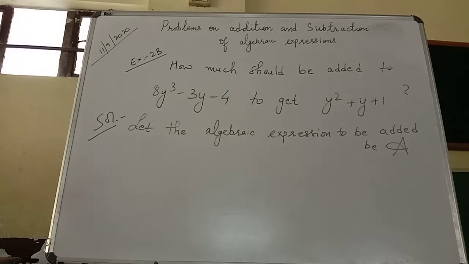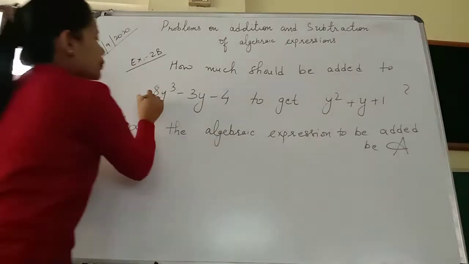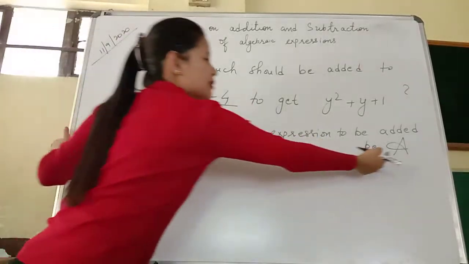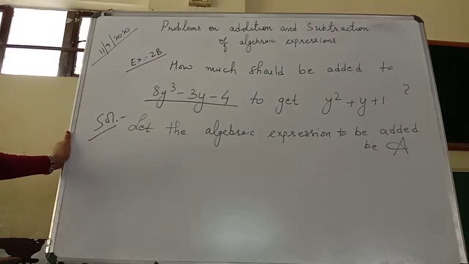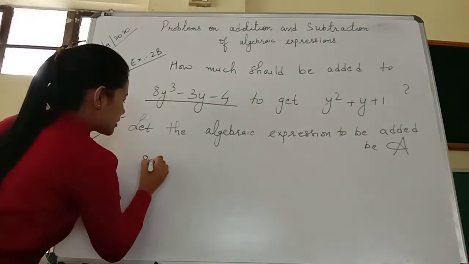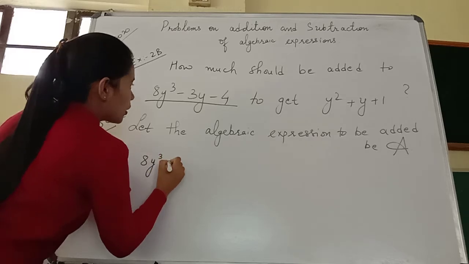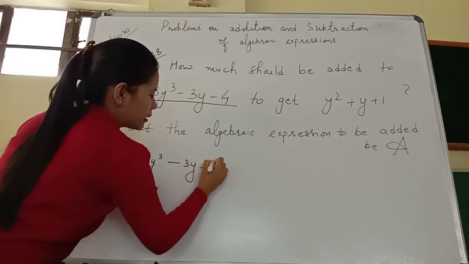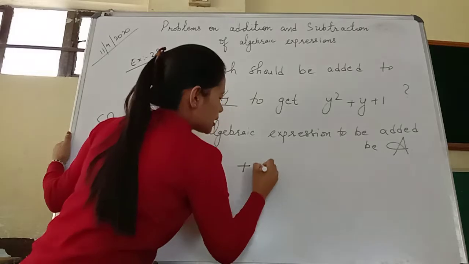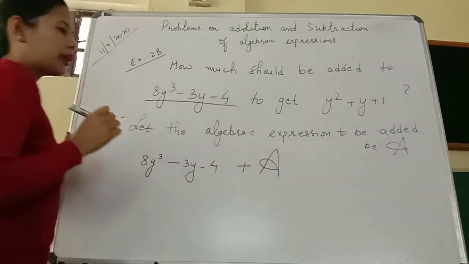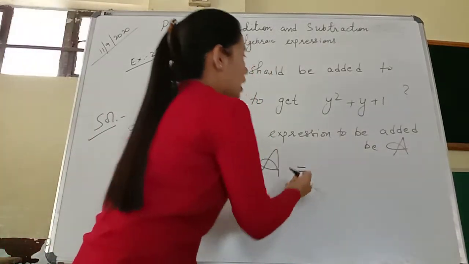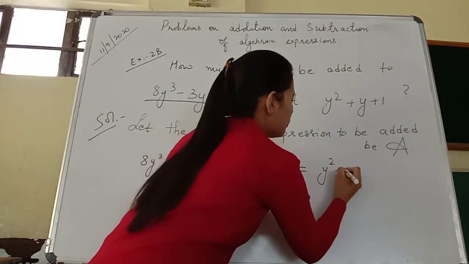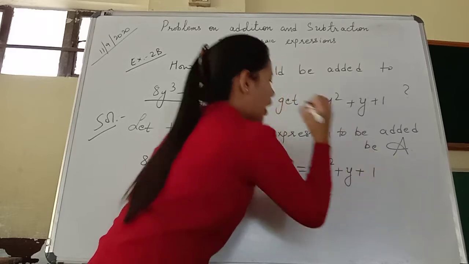Now, as we formulated previously in arithmetic, in the same way we will formulate here. To this expression, if we add this, then we get y square plus y plus 1. So let us write this as an equation. 8y cube minus 3y minus 4 plus the algebraic expression to be added, which we have assumed to be a, gives us y square plus y plus 1.